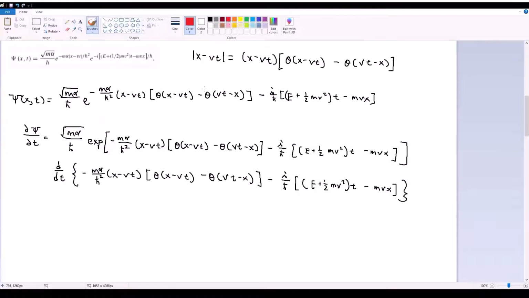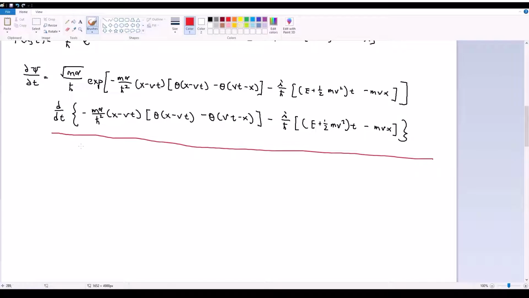And I'm going to look at this separately because this is such a long expression. I really don't want to rewrite this multiple times. So let's see. If I distribute this out, this is going to give me negative m alpha over h bar squared on the outside, multiplied by d by dt of x minus vt multiplied by piecewise theta x minus vt minus theta of vt minus x, and then subtracted by, so the derivative of this expression, this term at the back instantly cancels itself.